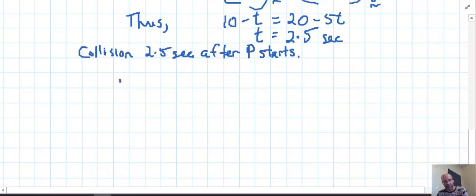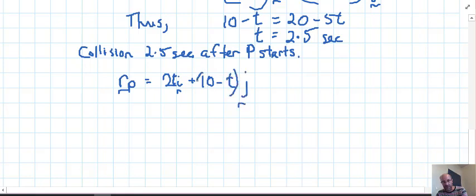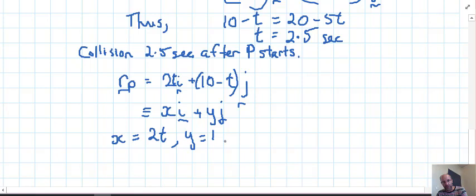And so if we get r of P from before, we've got 2t i plus 10 minus t j, and remember that's equivalent to x i plus y j. So parametric equations, x equals 2t and y equals 10 minus t.